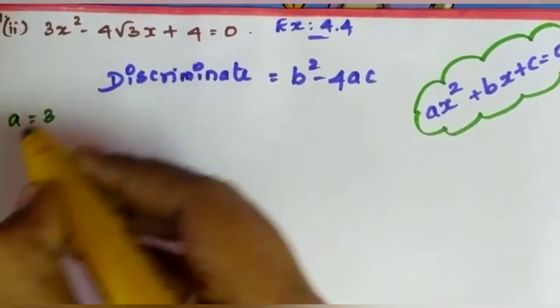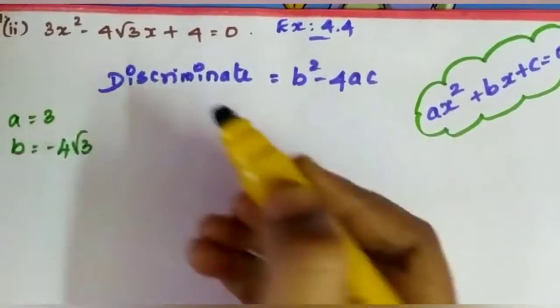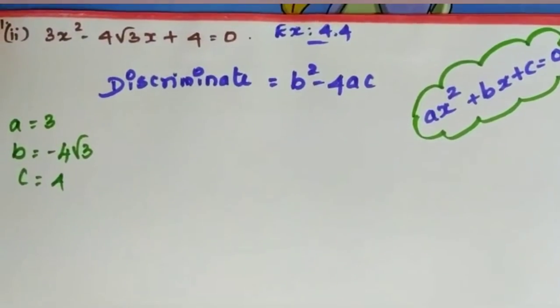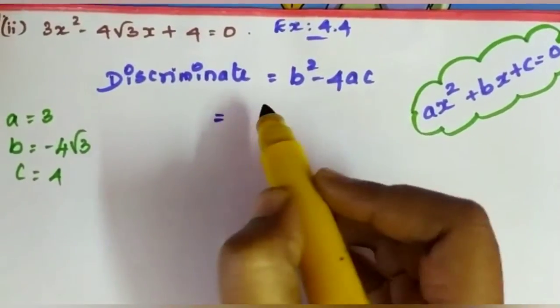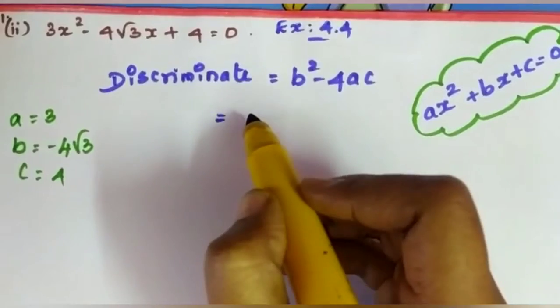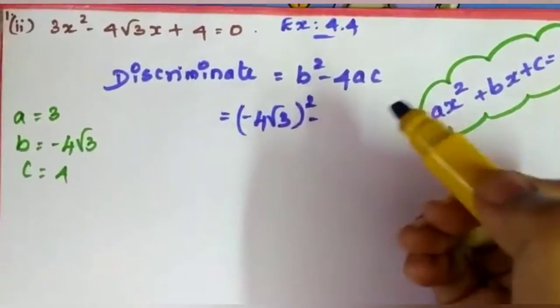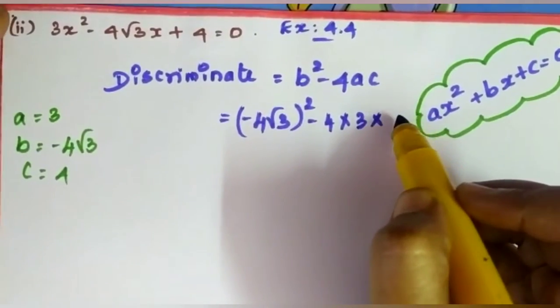Find the values of a, b and c. a is equal to 3, b is equal to minus 4 root 3, c is equal to 4. Clear, all of you? Now substitute in this formula: minus 4 root 3 the whole square, minus 4 into 3 into 4.